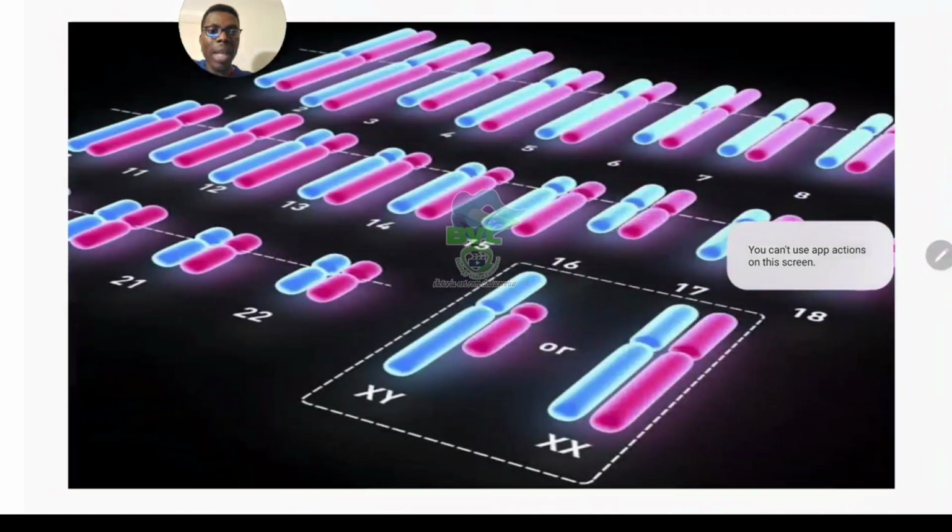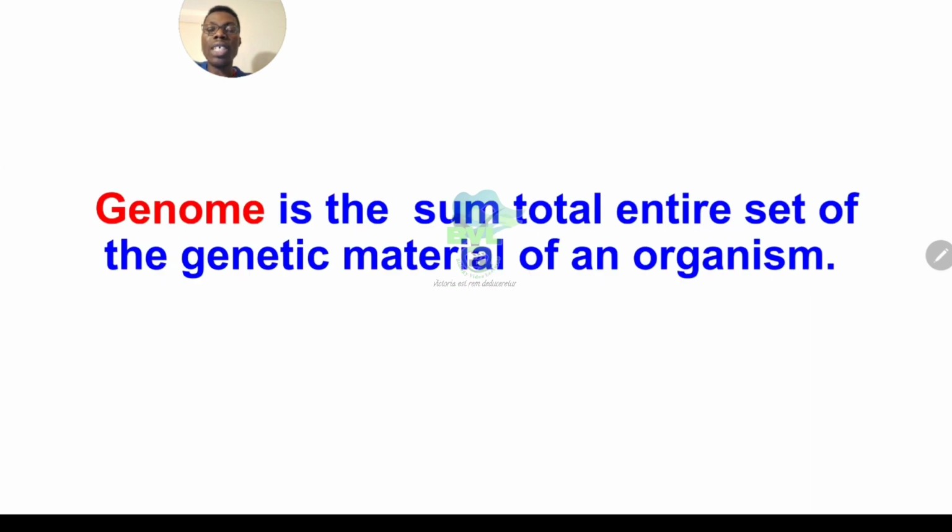Now, having established that, what is a genome? That was the question at the beginning somewhere. Genome is the sum total, the entire set of the genetic material in an organism. I'll take that again. What's a genome?